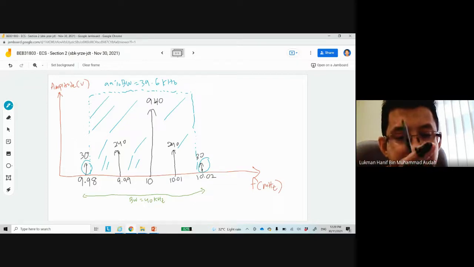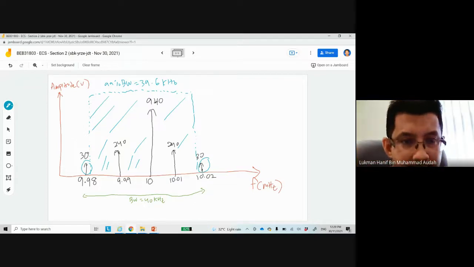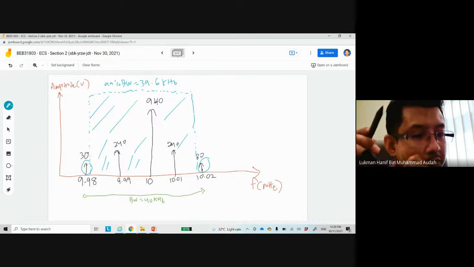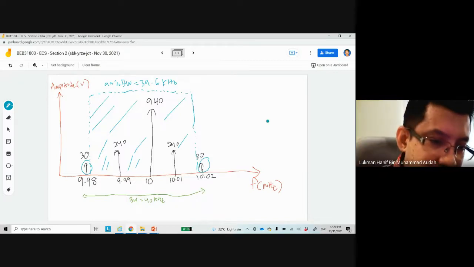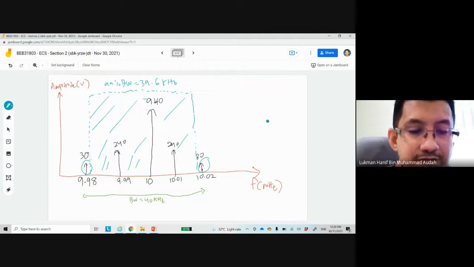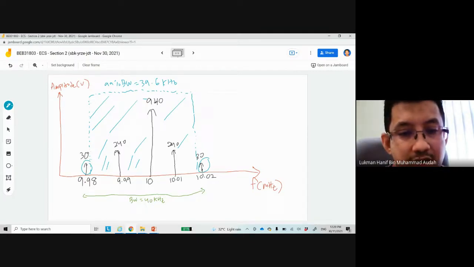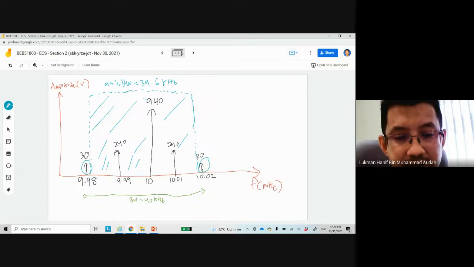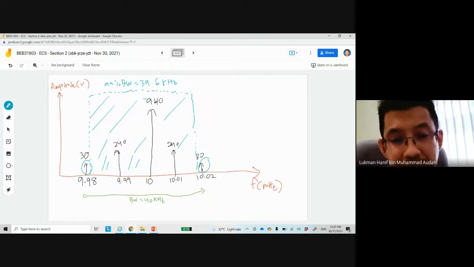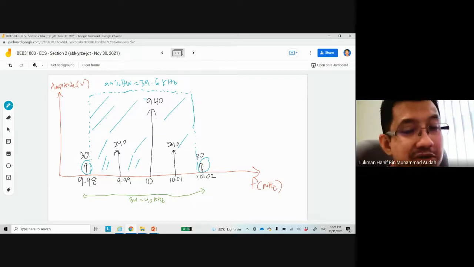Kalau ini adalah filter, maknanya filter tu dia ambil yang 39.6 and it removes the rest. So, maknanya dalam filter punya system, we take the carrier component and the first sidebands, and we remove the second sideband because it covers only 99%. Okay, so then kita boleh jawab soalan seterusnya.